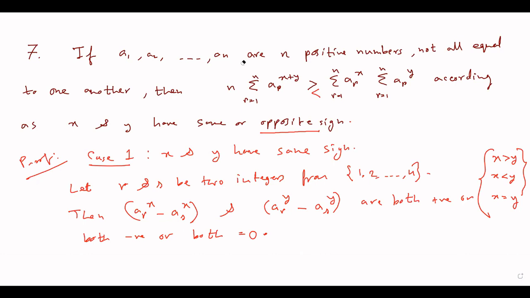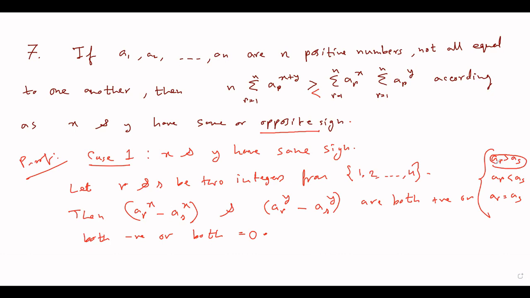Basically, I am not interested in comparison between x and y. Rather, I'm interested in comparing ar and as. So ar greater than as, ar less than as, and ar equal to as. Let's consider all these three cases.